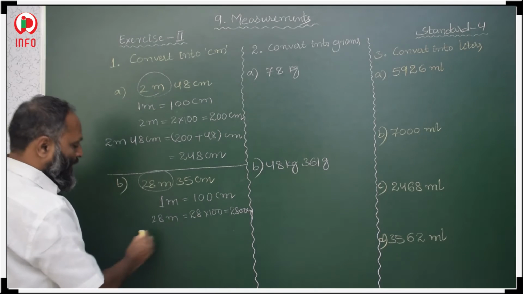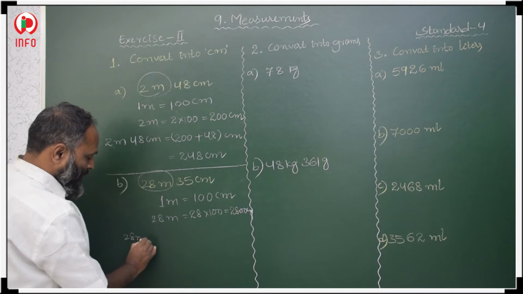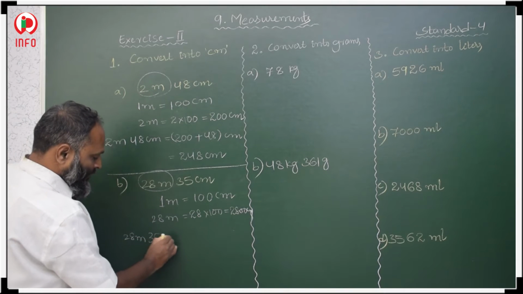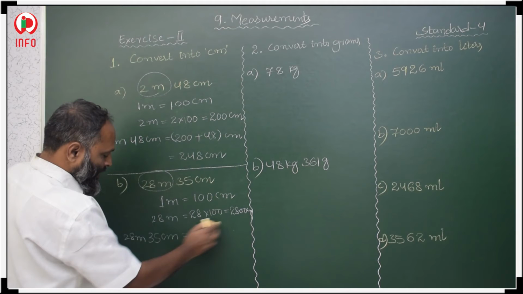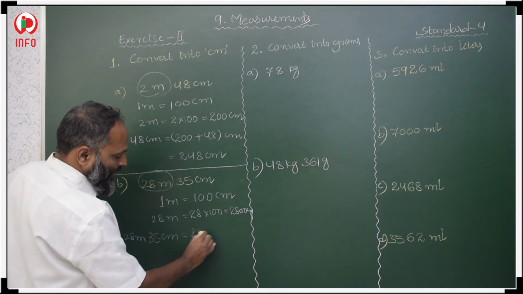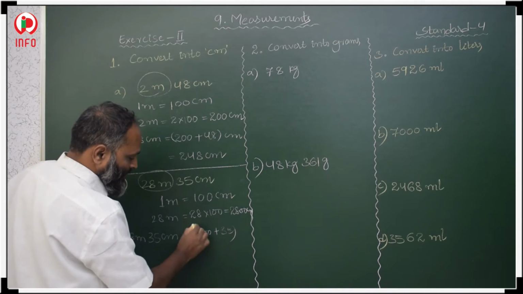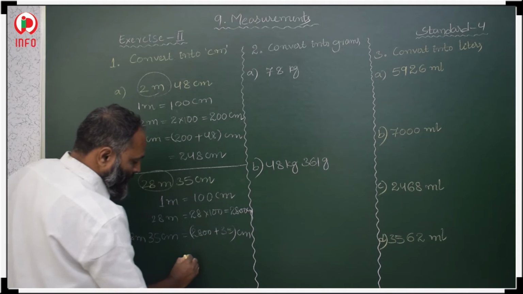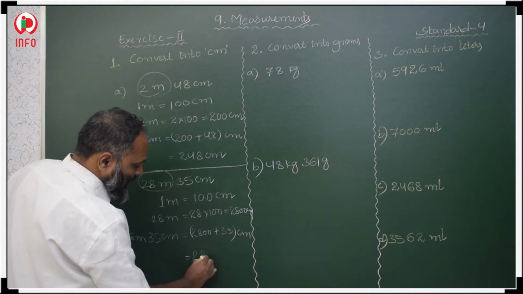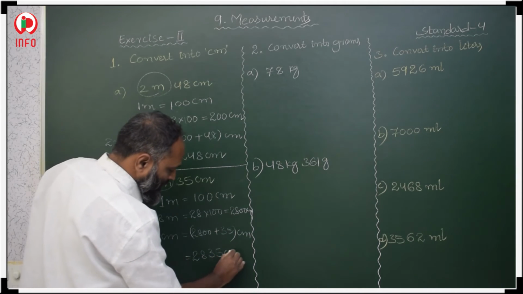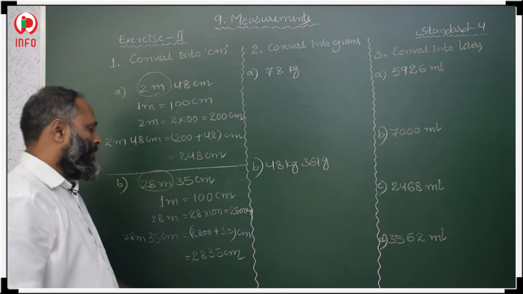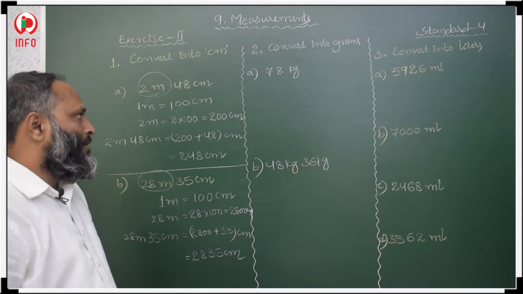Now we should take the complete 28 meters 35 centimeters, that is 28 meters means 2800 centimeters, again plus 35 centimeters we have to add. Then 2835 centimeters. This is the conversion complete in centimeters.